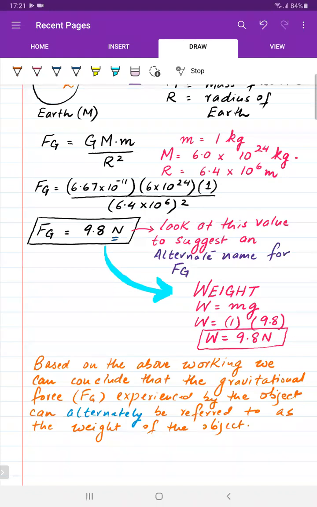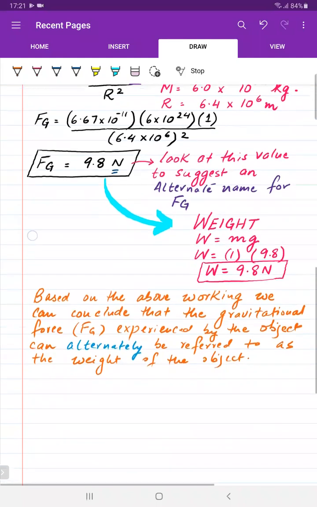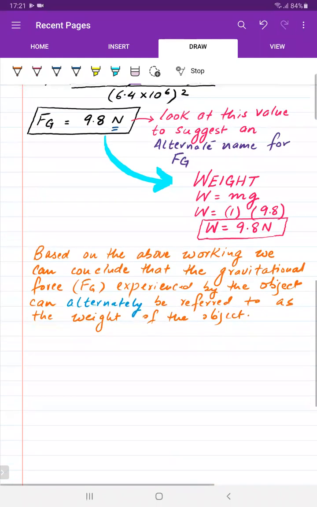Now you know, once you have established the fact that the working over here is implying a gravitational force is an alternate name given to the weight of the object.